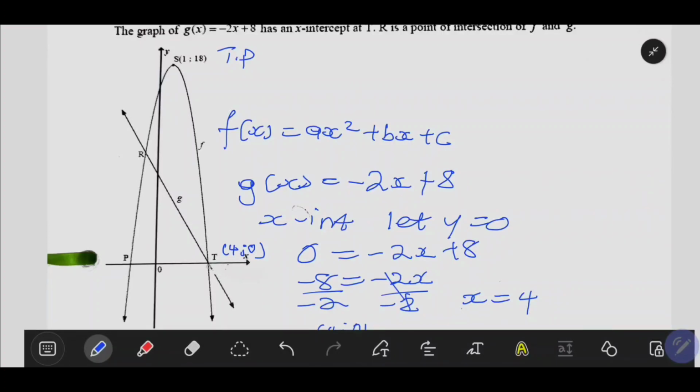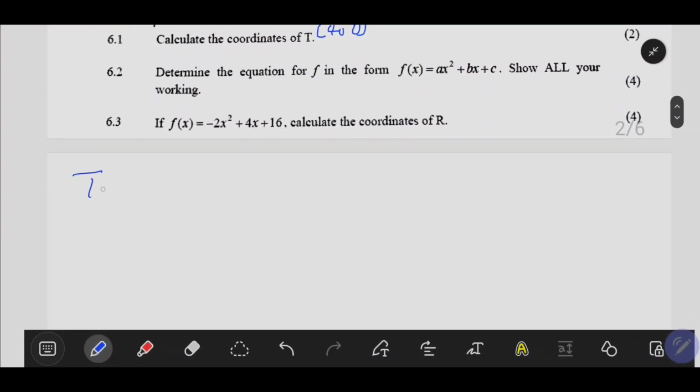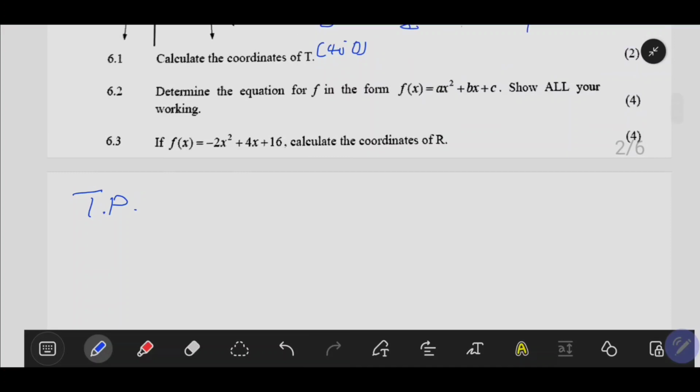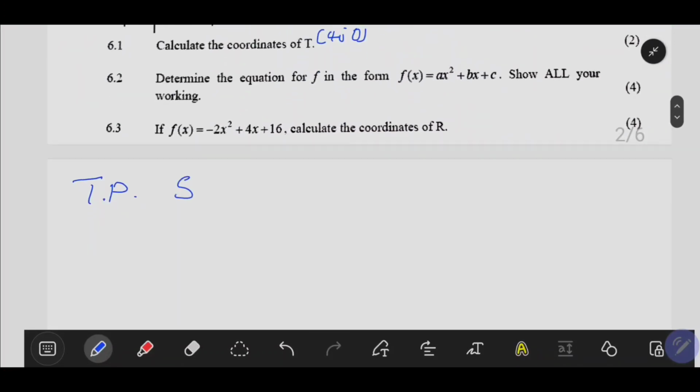And that 1 point there is point T, because point T also lies on the graph of f(x). Our turning point in this case is point S, which is (1, 18). And then we are also given point T, (4, 0).